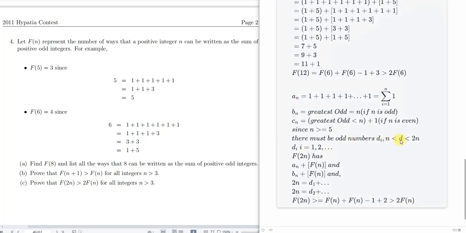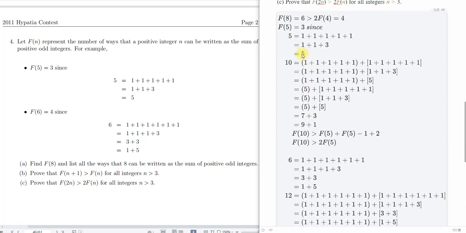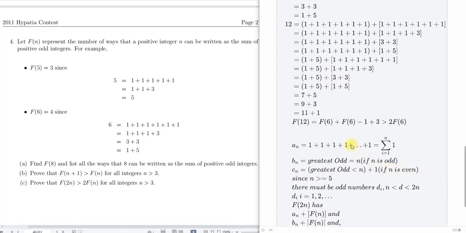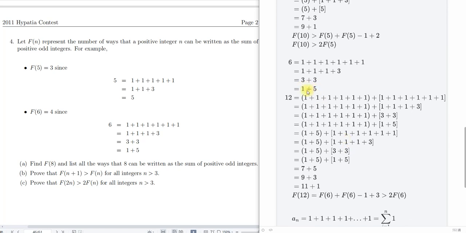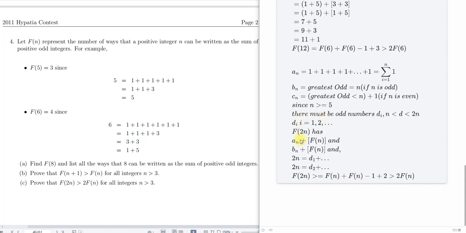Okay. So B_n is the greatest odd number, so it's the 5 case, we have 5 plus 5. And C_n is the 6 case because n is even, so we have the greatest odd number plus 1. So B_n is the 5 case, C_n is the 6 case.